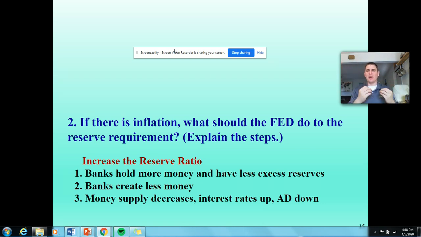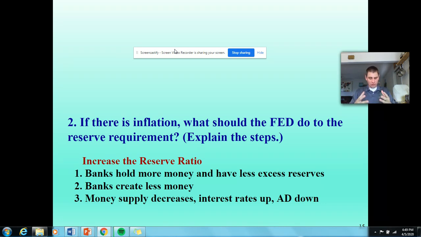Why? Because you got to hold on to more of it, right? So if banks hold on to more money, they've got less excess reserves. That means that less money is being loaned out. Money supply shifts to the left. Money supply decreases, interest rates up, aggregate demand decreases. Okay, that was the first tool, shifting the reserve ratio.